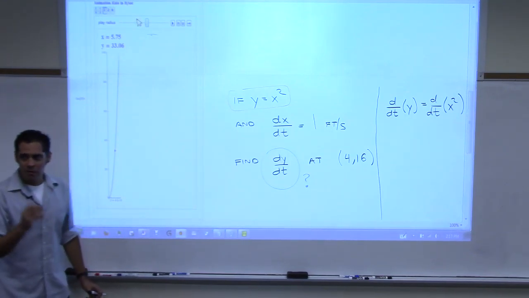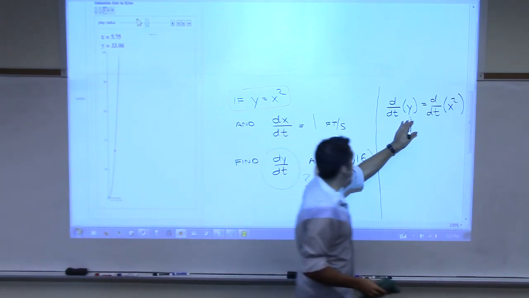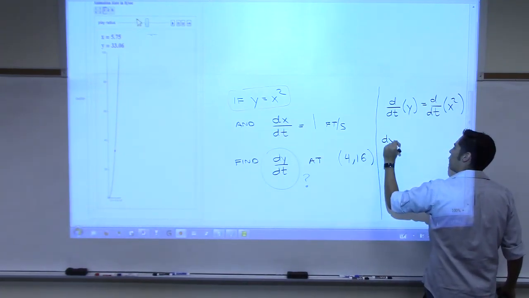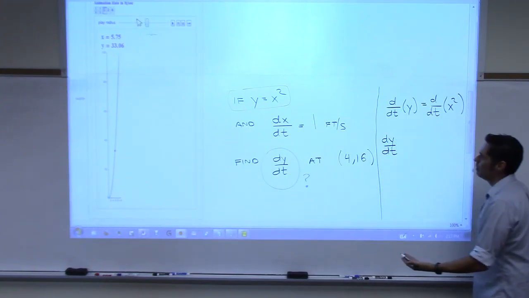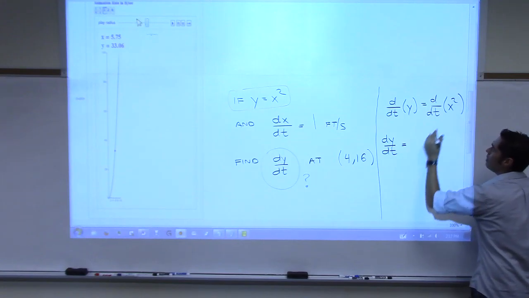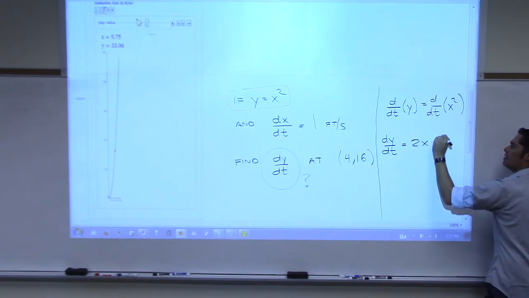Neither one of them turns into a 1. So what is the derivative of y with respect to t? dy dt. Am I happy to see this? Yes. Absolutely, because that's what I want. And then what's the derivative of x squared with respect to t? 2x dx dt.